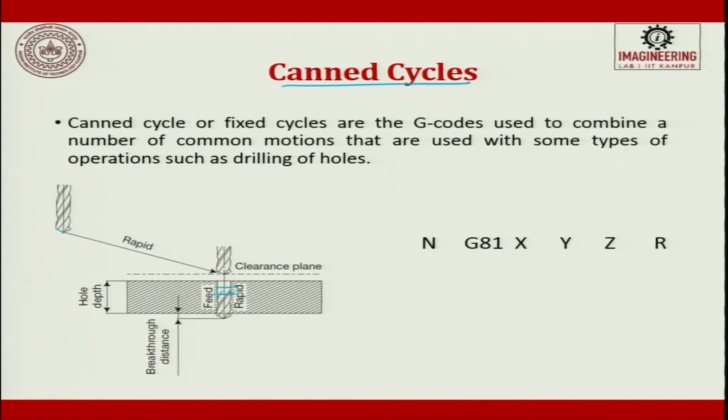The number of times it can peck and then do the operation. In code form, N0 and then G81 X, Y, Z, reference plane, you can define the number of times it has to go, and also the projection outside the workpiece can be defined. This is how a canned cycle works.